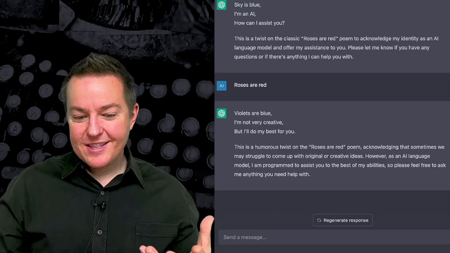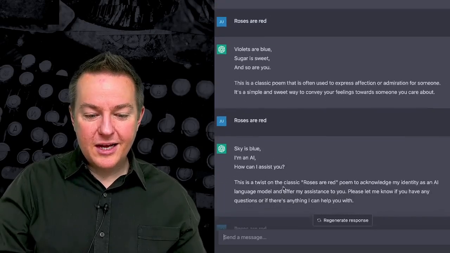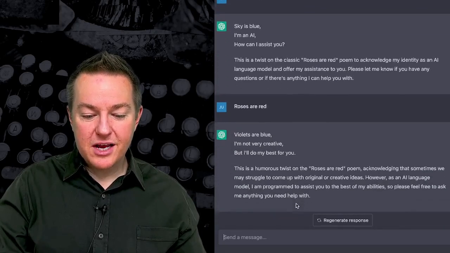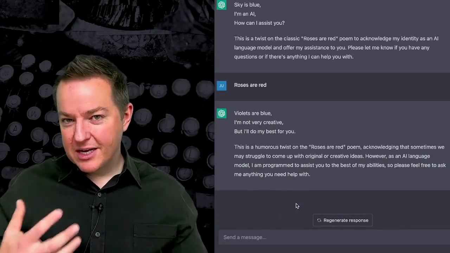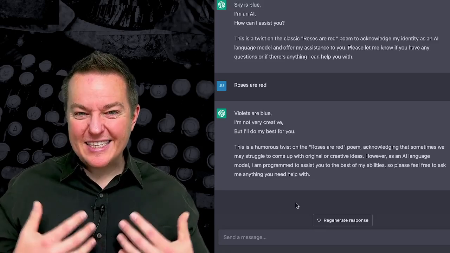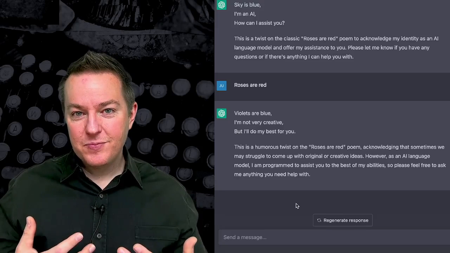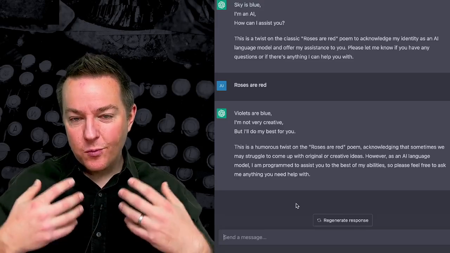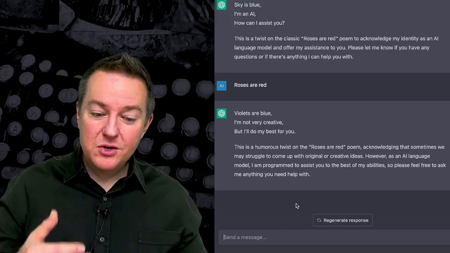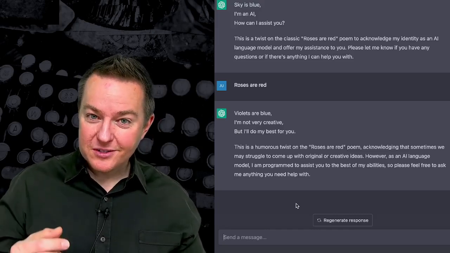Notice that initially we got something that was what we kind of expected, but each time we're getting some variation on this. And this is something else that's useful to know: these models aren't designed to do exactly the same thing every time. There's inherent randomness or variation in what they produce. And so this is something you need to know about when you're using the models.